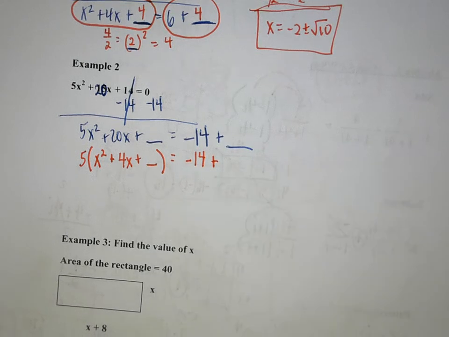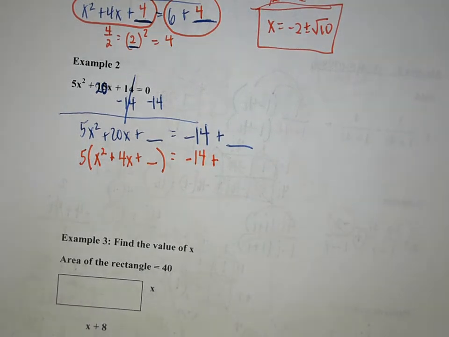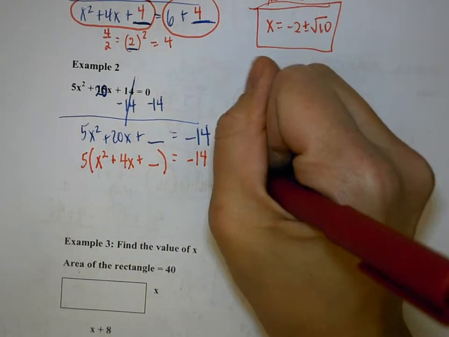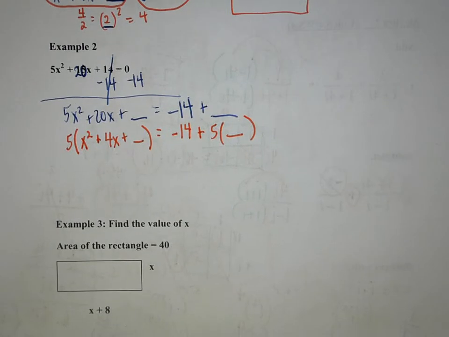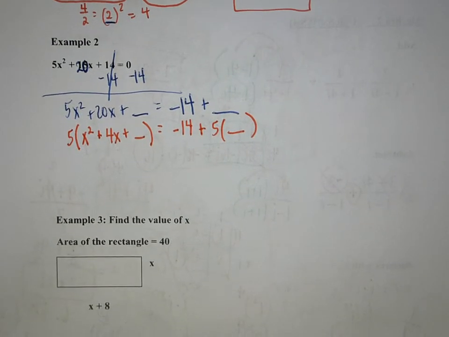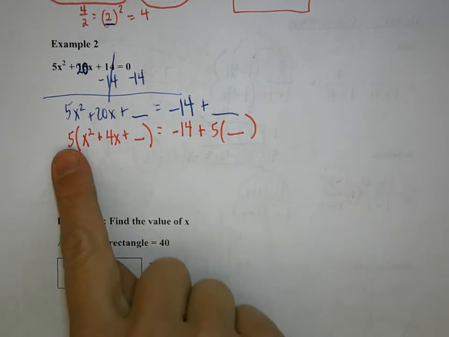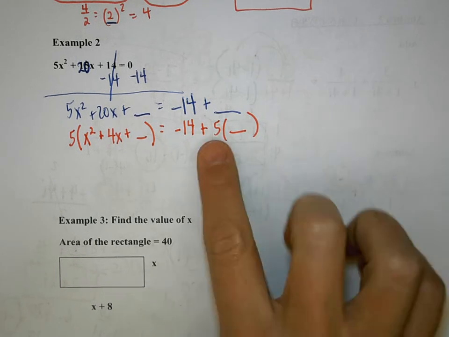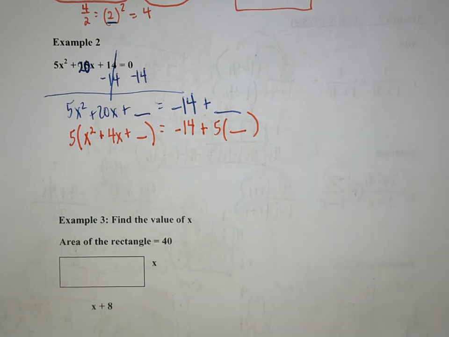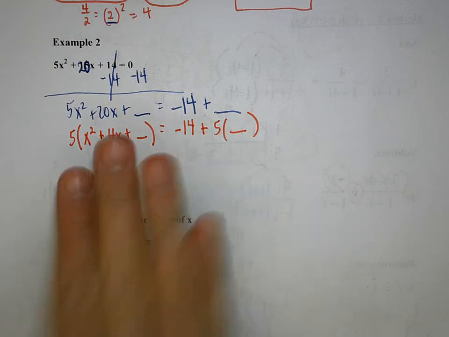So what do you think we have to do to that blank? So we're going to go 5 times blank over here. Are we all okay with that? Do we all understand how this is 5 times this blank? So that means that in order to be fair, we have to have 5 times this blank on the other side. Yes? Okay.